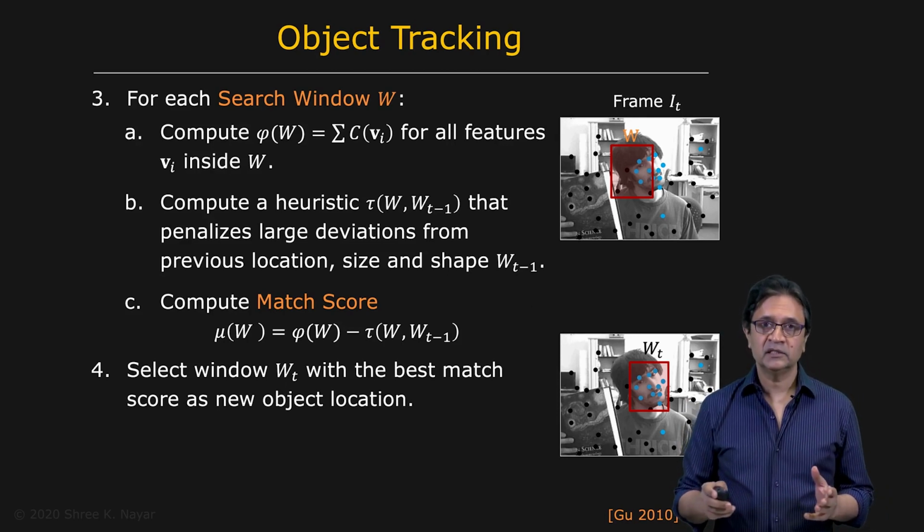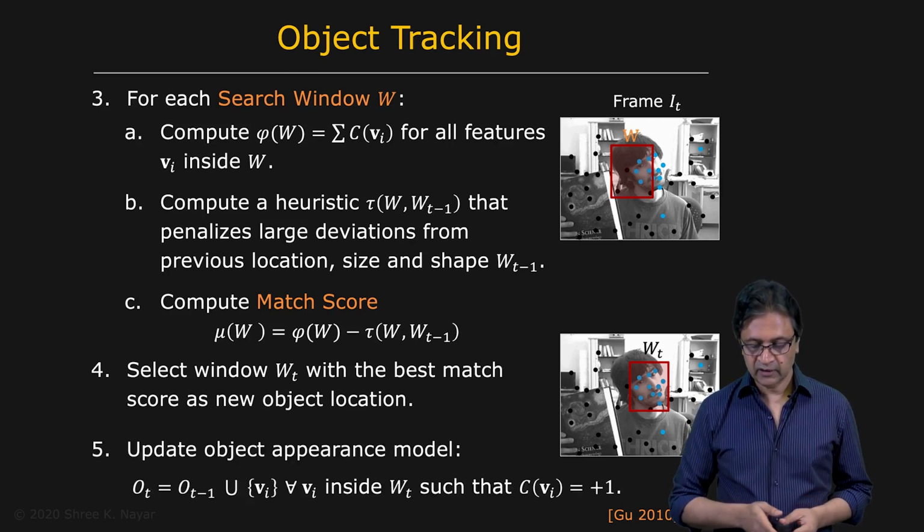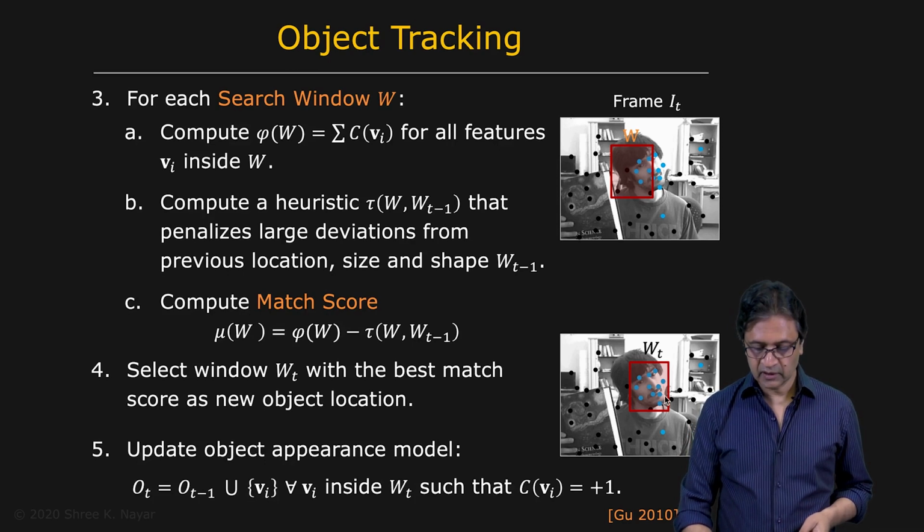And now there's one last step to take care of, which is updating the object model and the background model. So we now have features inside the region of interest, and some of these may indeed be new features, because you see the appearance of the object is changing, and so is the appearance of the background.